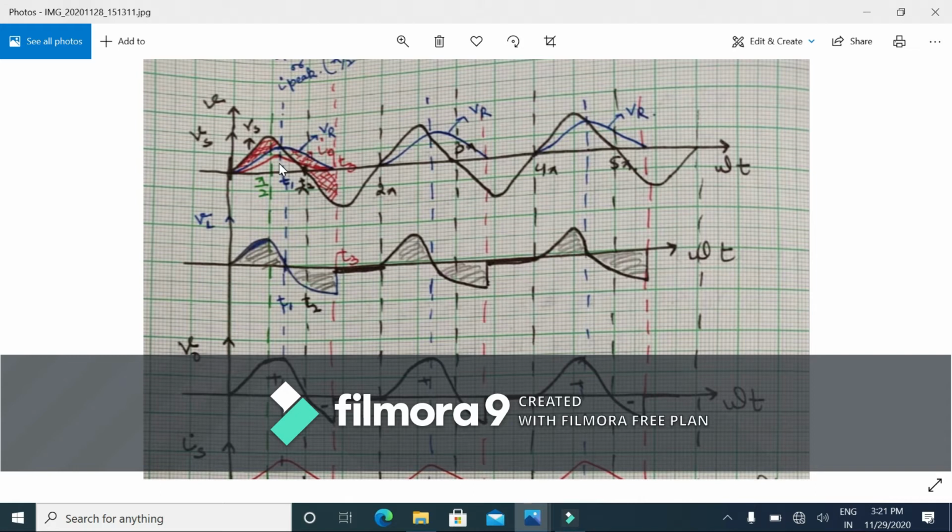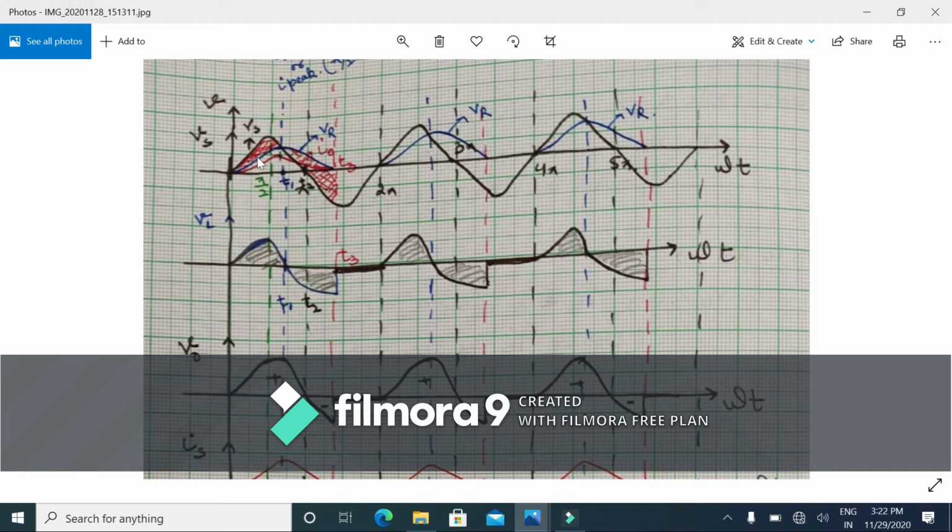If I have to represent V naught, VR, VL, if this is the I, then I can represent this VR by this blue wave shape, because this is the resistive voltage, that means the minima and maxima of this voltage will follow that current I.